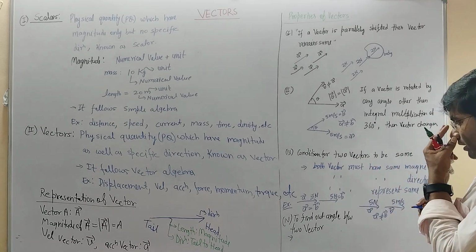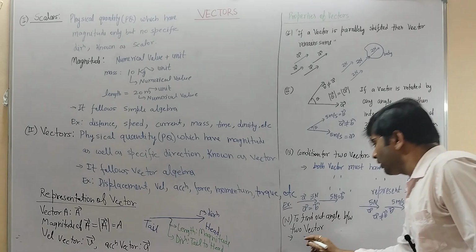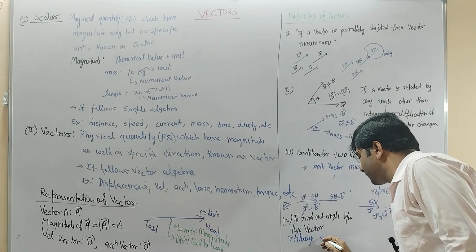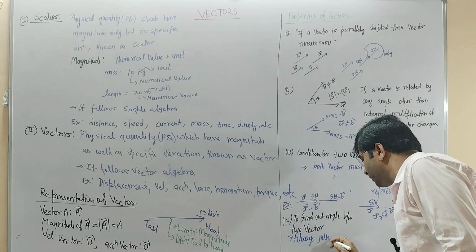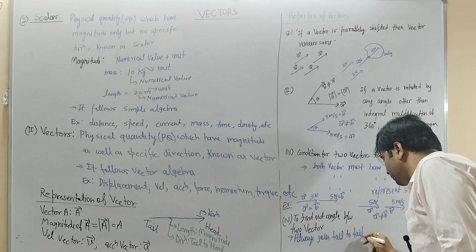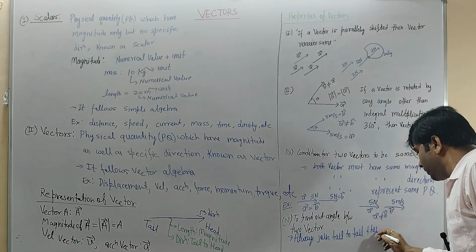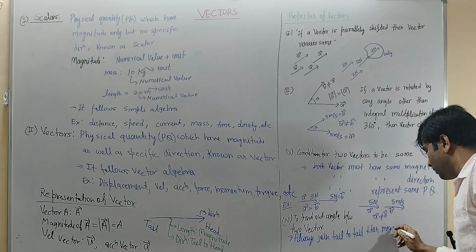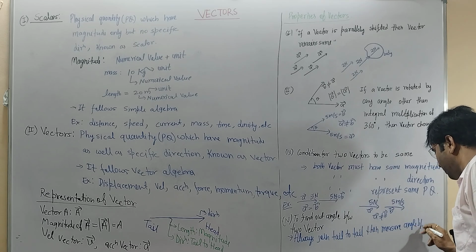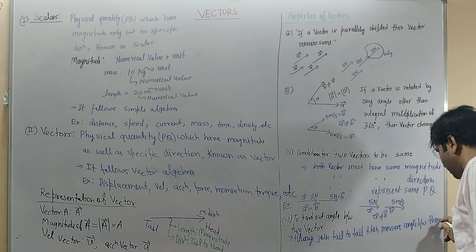This is one whole line. To find out the angle between two vectors, always join tail to tail, then measure the angle between them.